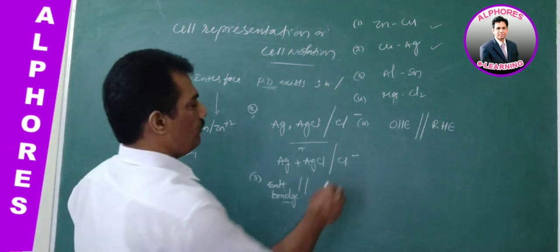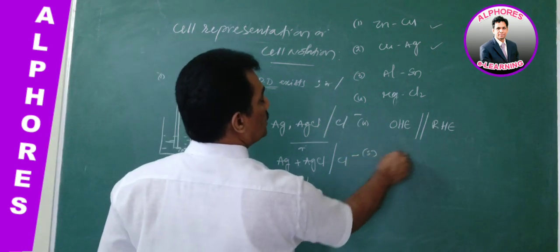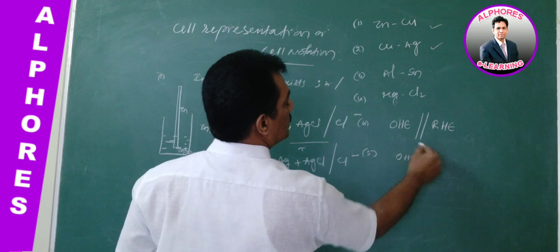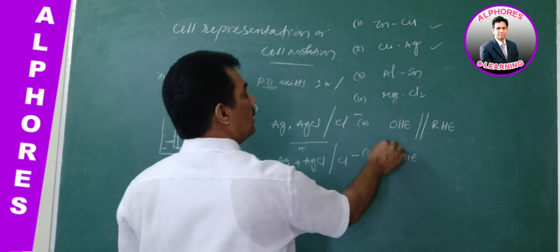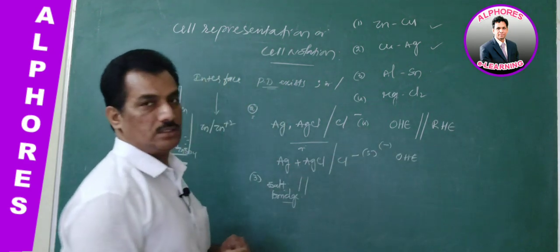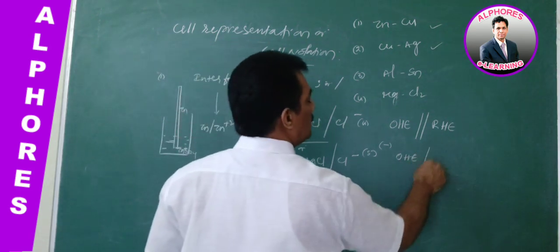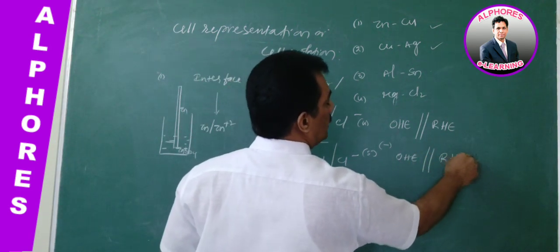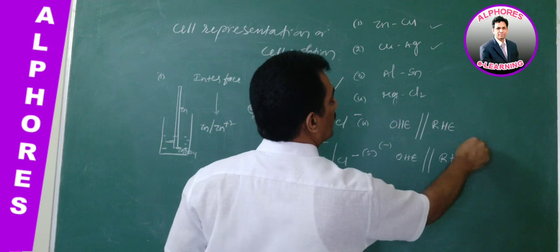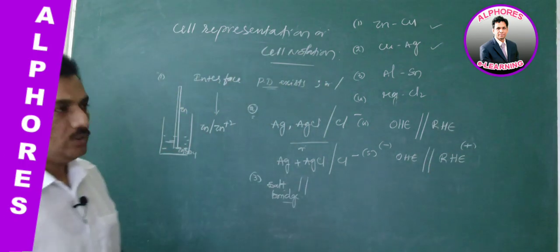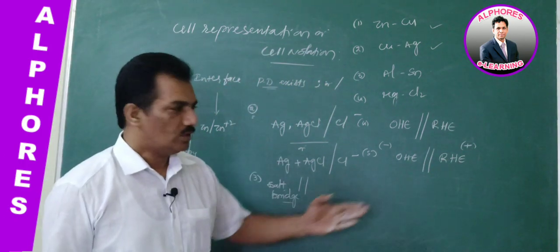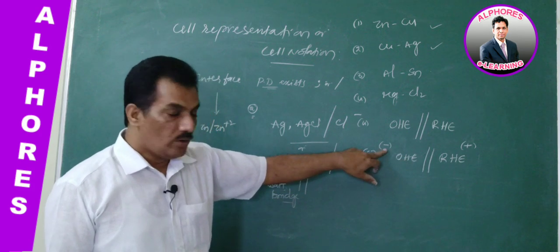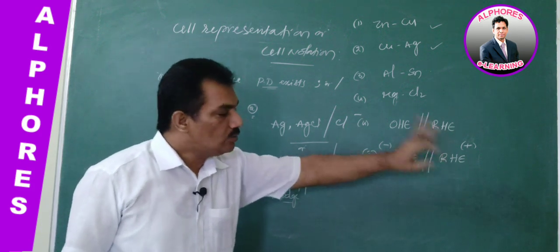Clear? And next, the fifth one: on this oxidation half electrode representation, we can write a negative sign. Similarly, on this side, the RHE, the reduction half electrode side, we can write a positive sign. I think you know these two signs: oxidation half electrode, anode, negative sign, and cathode, positive sign.